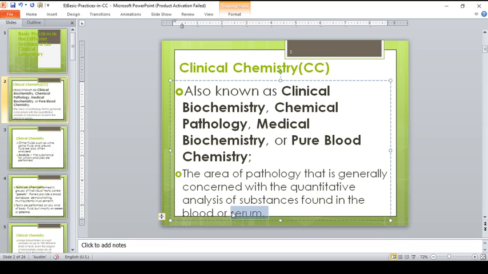Because the hemoglobin A1c is found in the red blood cells, you cannot use serum, because the analyte that you are looking for is not present in the serum. Rather, it is present in the red blood cell. So your sample for HbA1c is whole blood, placed in a purple tube with the anticoagulant EDTA.